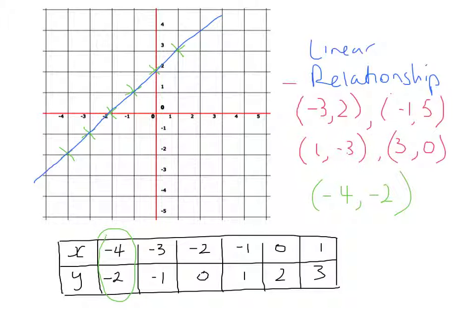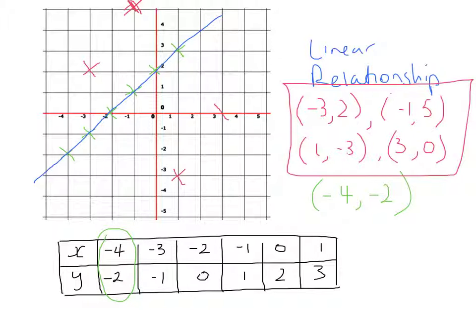I'll plot these points here, so they could have been given to you in a table as well. So the first point, -3 and 2, will be up here. The second point, -1 and 5, goes way up the top here. Should be more like that. That's better. 1 and -3, sorry, which is way down here. And 3 and 0, which is right here.